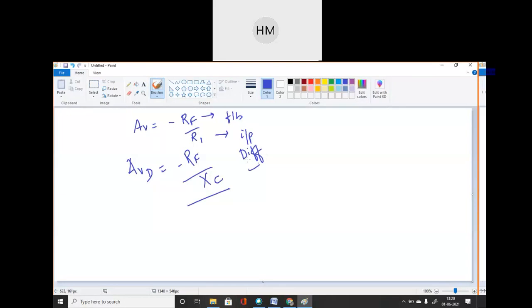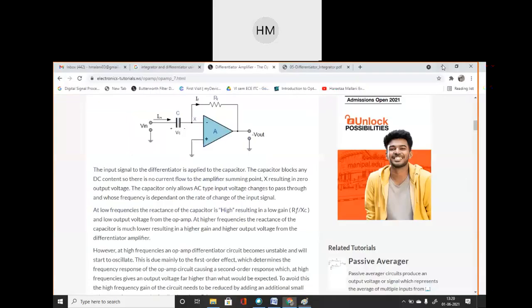Is it clear, students? So what I am saying is XC depends upon 1 upon 2 pi FC. At low frequencies, initially the frequencies are very low. As time passes, frequency changes. So at low frequencies, XC will be very high. If XC is very high, the gain of the differentiator will be low.